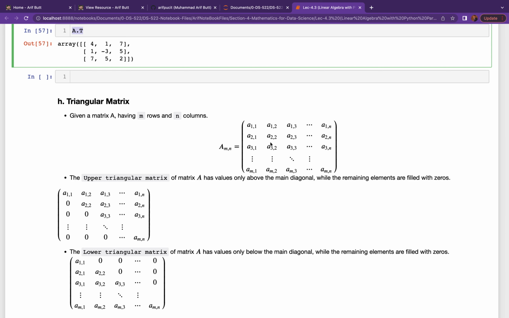So this is the upper triangular matrix. Let me say it again. The upper triangular matrix of this matrix A will have only the values above the main diagonal. The values below the main diagonal are 0. And similarly, the lower triangular matrix of this matrix A will have 0 values in the upper triangle.